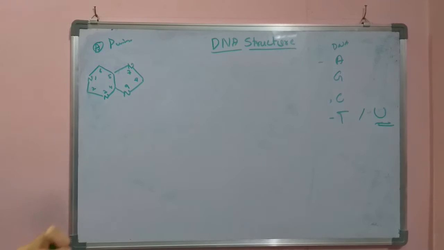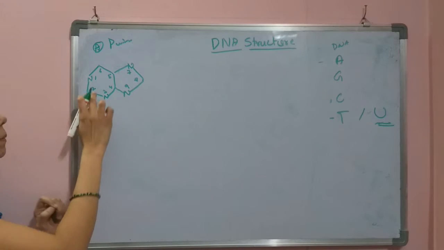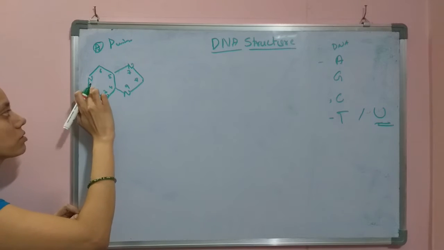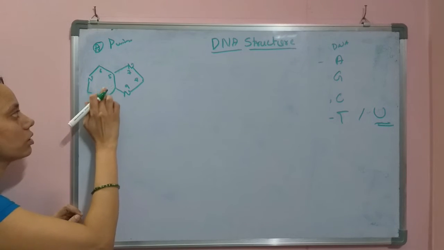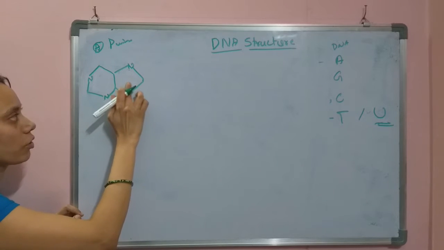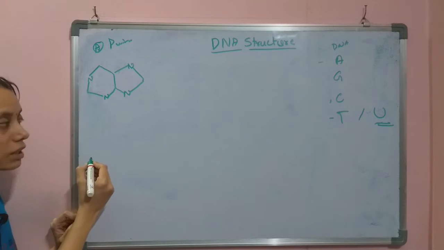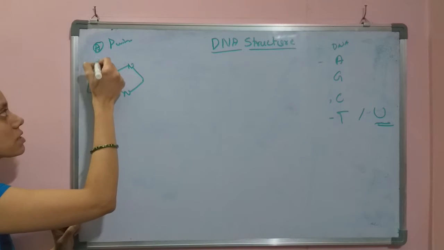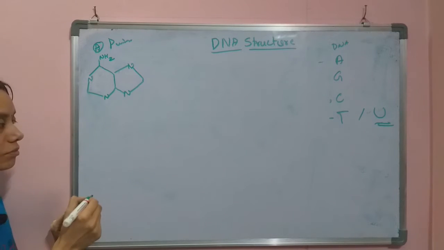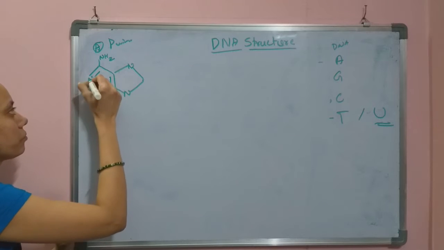This is the basic structure of purine rings. I'm going to arrange these numbers so that I can draw hydrogen bonds in it. Adenine is basically a purine, that is 6 amino purine.